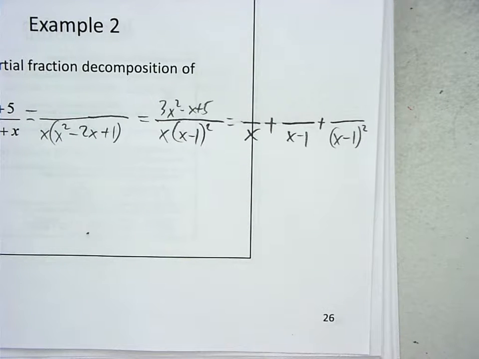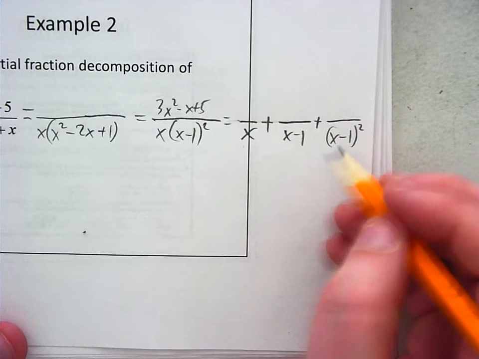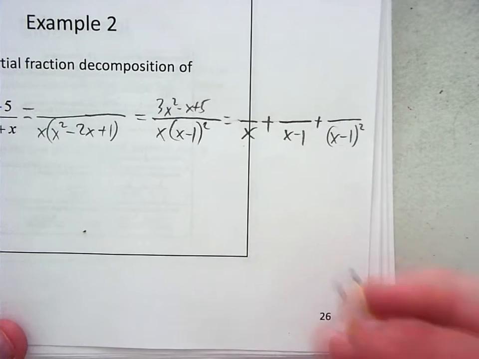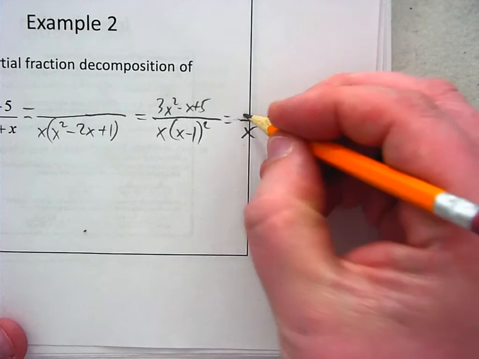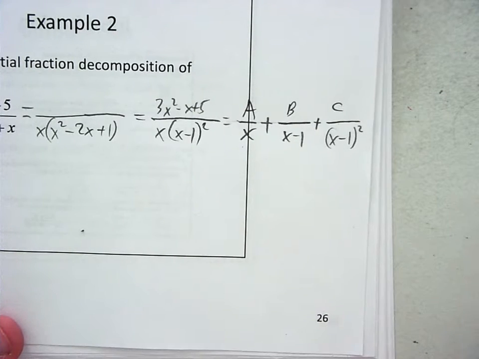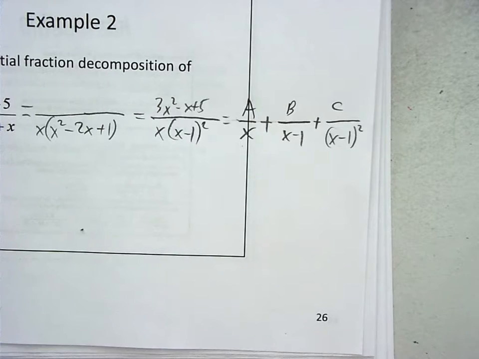Yep. So then for my numerators, these are all linear, x, x minus 1, and x minus 1. I don't pay attention to the squared as far as this part goes. As long as those are linear, my numerators are all going to be single numbers, a, b, and c. So what am I going to multiply by to get rid of all the denominators?